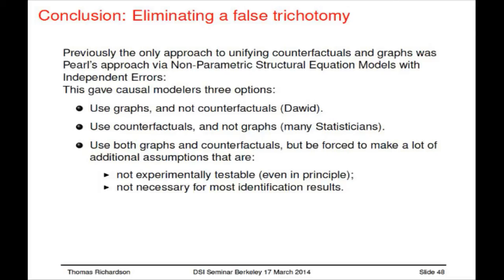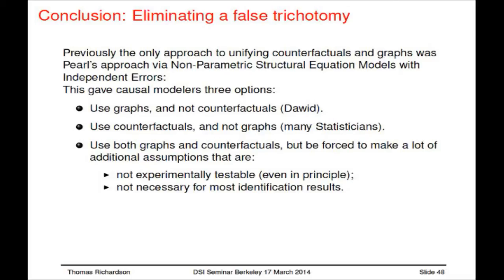But in general, for most things that people are interested in most of the time, everything that comes out of the do calculus, you don't need to make these extra independence assumptions. So for example, if Jazz is convinced that independent errors are okay, and I'm skeptical about it, for most of the time, we never have to have an argument about this because most of the identification formulas we'll agree on.